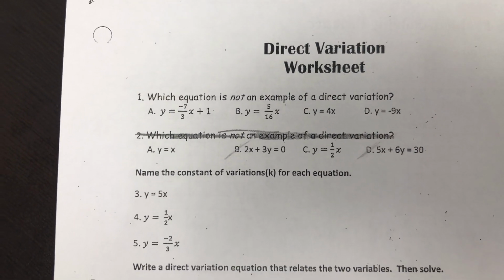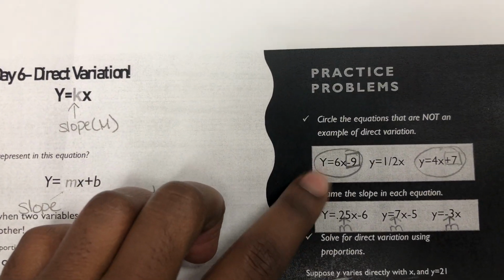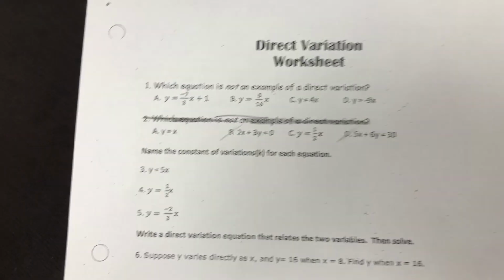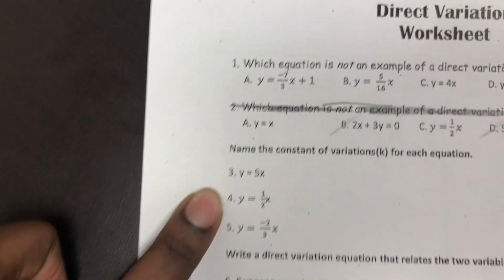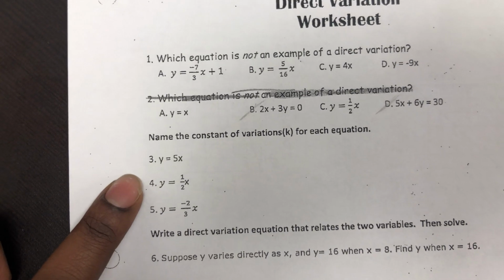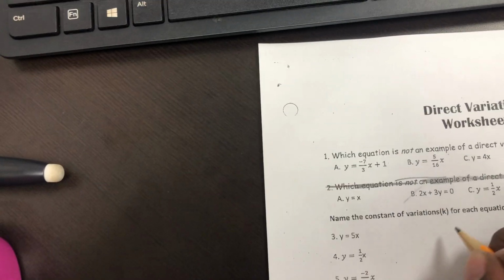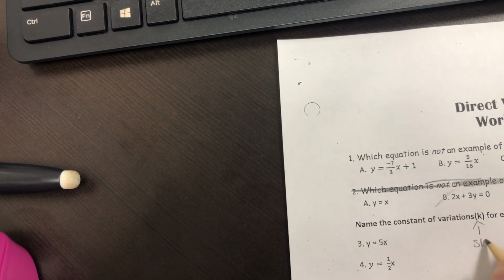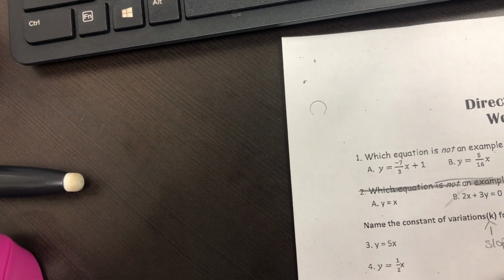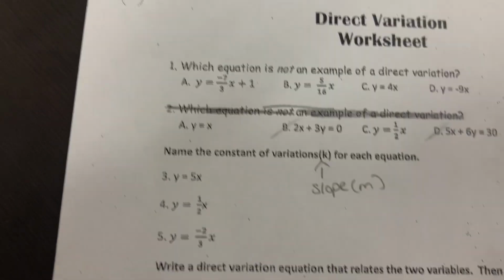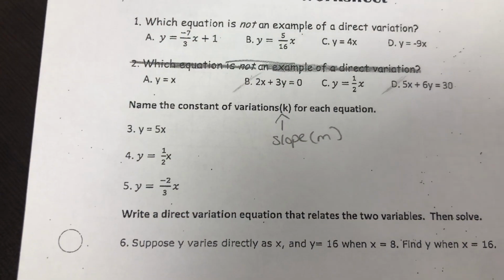It says which equation is not an example of direct variation. So that's going to be just like we did right here. On this next one, it says name the constant of variation, or in other words, name the k, or in other words, the slope, for each equation.